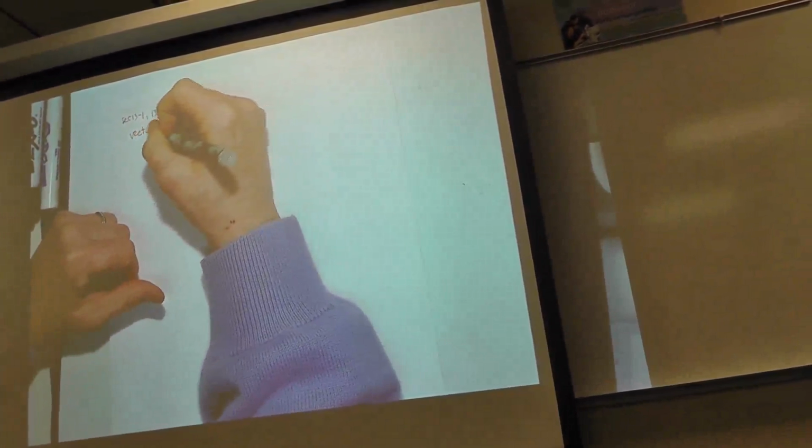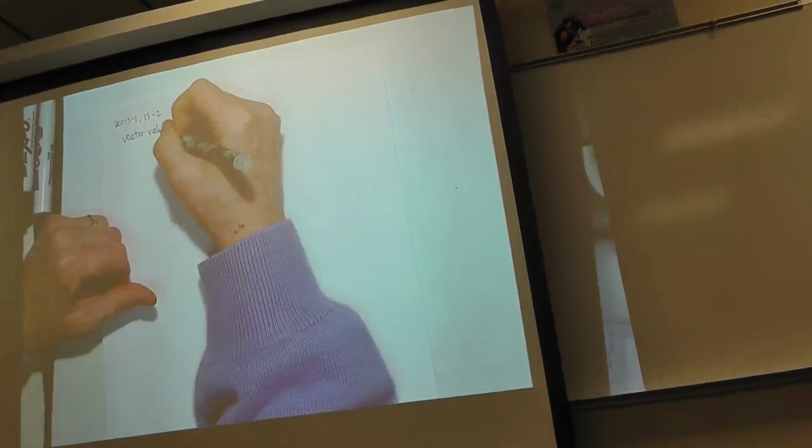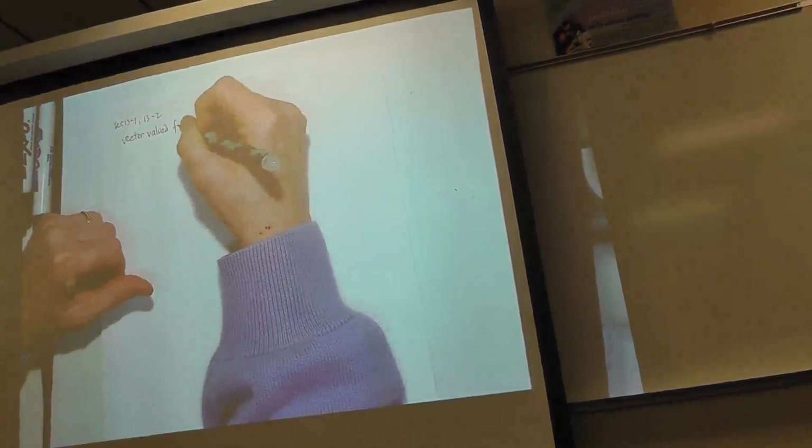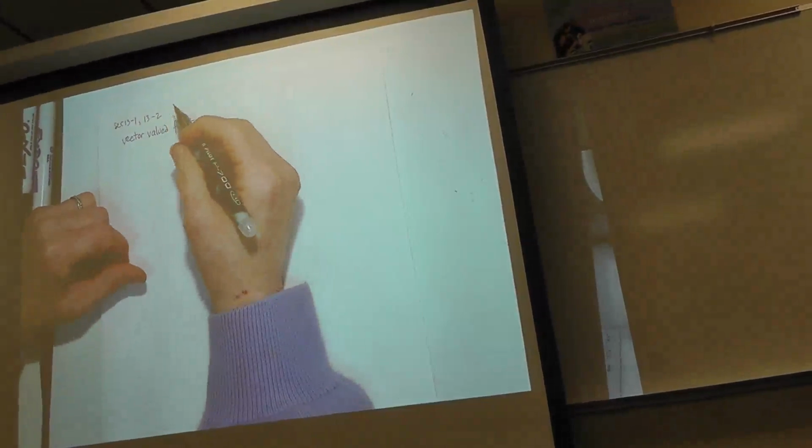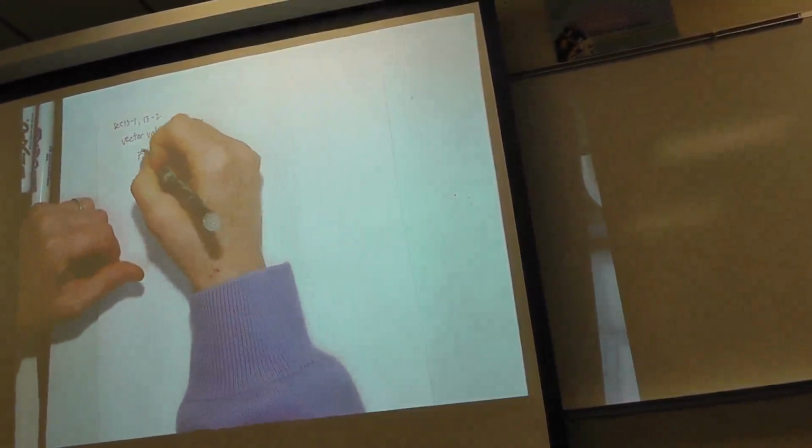The topic here is vector valued functions, and 2 and 3 space is primarily what we're going to be working in. But at the moment, I'll just do 2 space because I stand a fighting chance of graphing it.